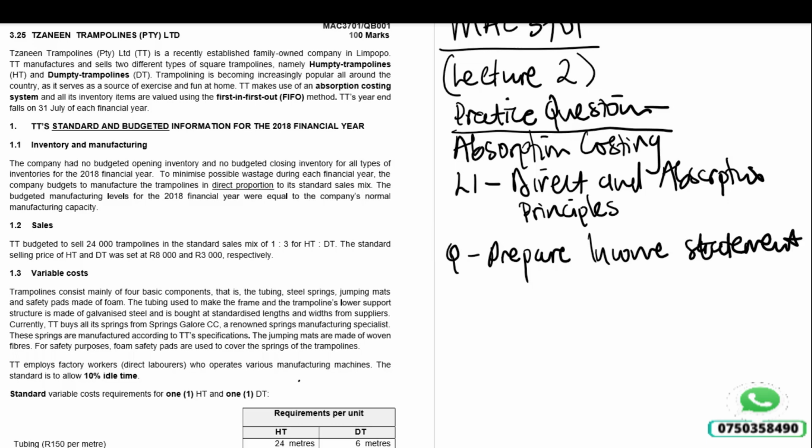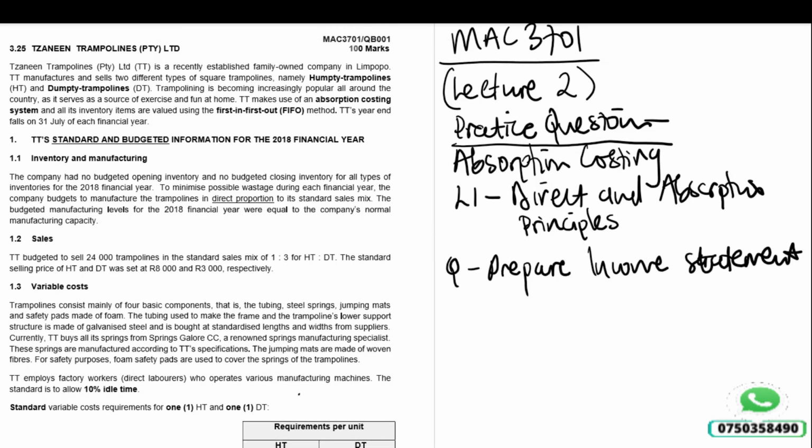With my knowledge of MAC 3701, most likely this income statement is going to be under absorption. They sometimes ask direct, but mostly you need to pay attention to absorption costing. The reason is that the principles of direct costing are questioned in other topics.